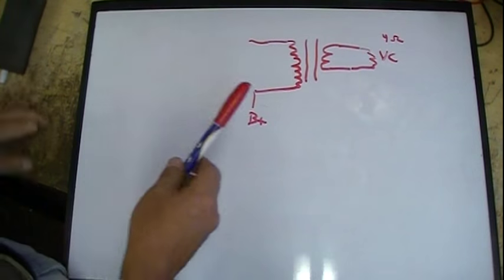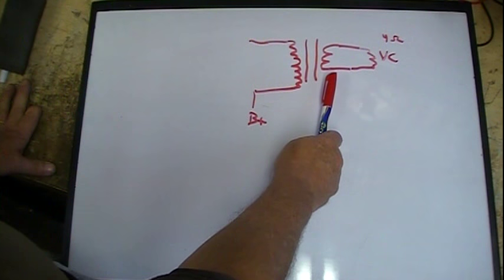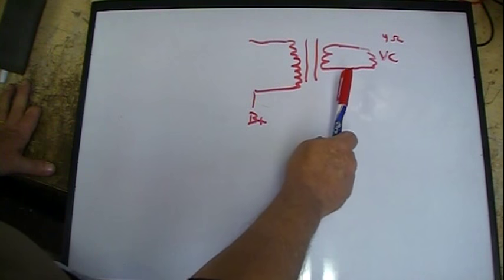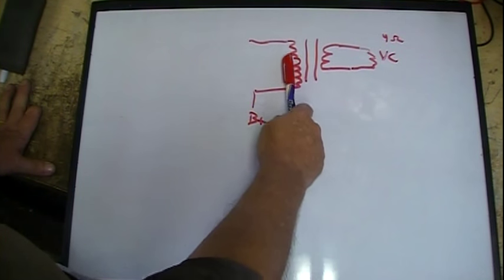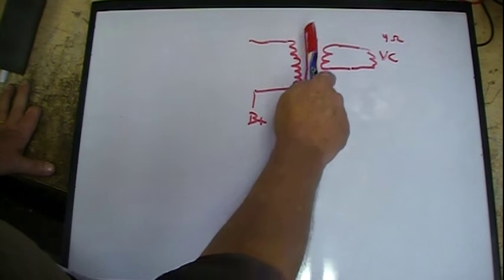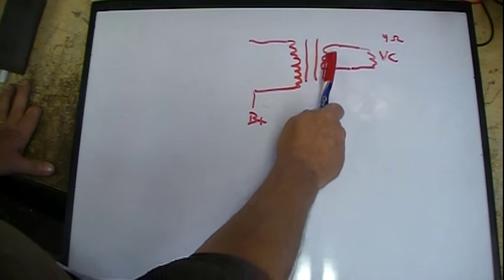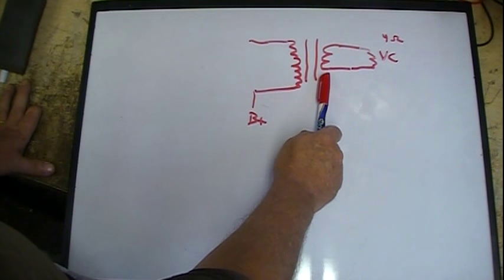Now, an audio transformer basically is a step-down voltage transformer. If you think from a voltage standpoint, it steps down, meaning I have a high voltage here, a high number of windings, and that steps down the voltage because I have quite a few fewer windings here.